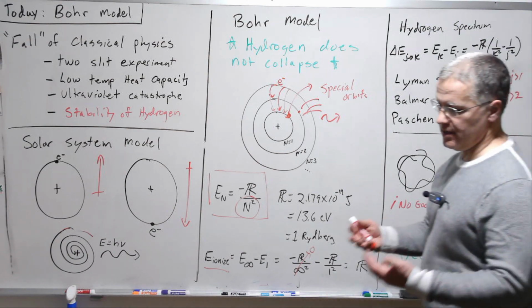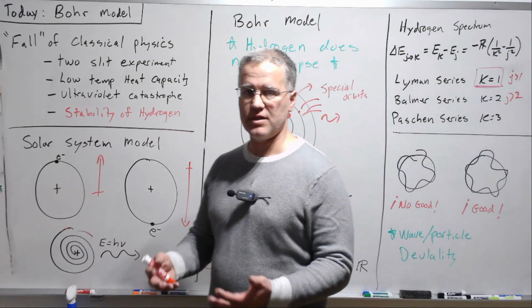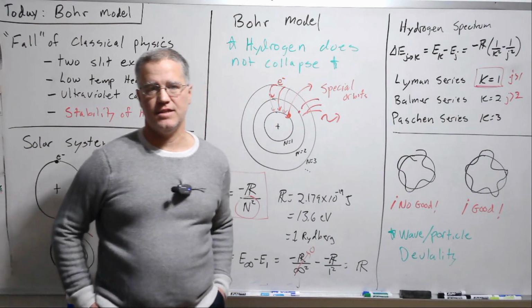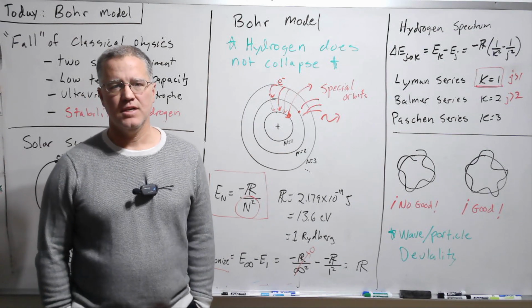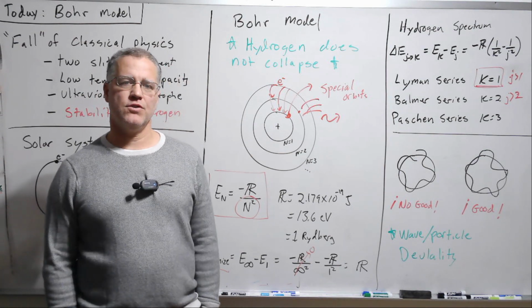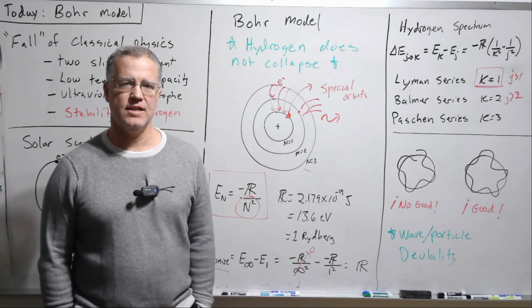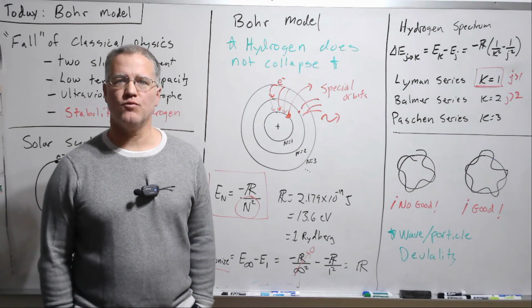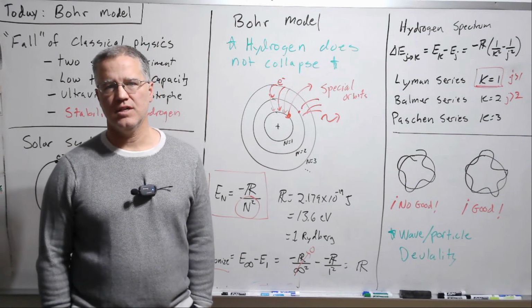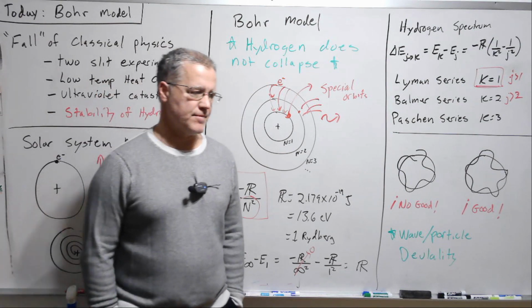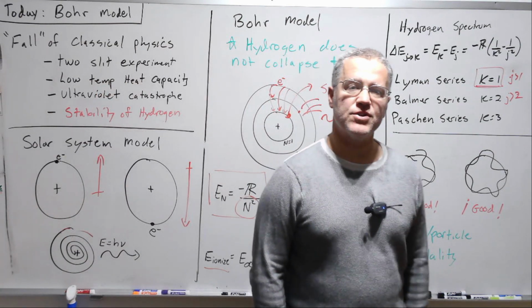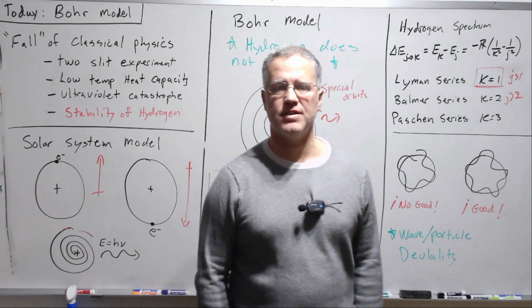All right, well, this shows that the Bohr model is somewhat triumphant here. It's able to get some experimental results. Now, if you push it a little further, if you put hydrogen in a really strong electric field, you don't get the results that match experiment.